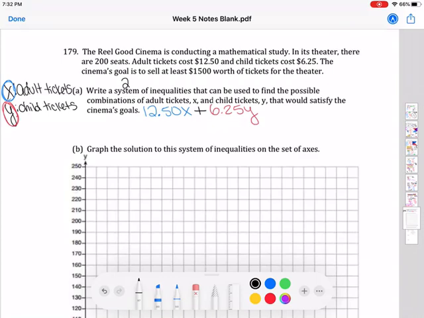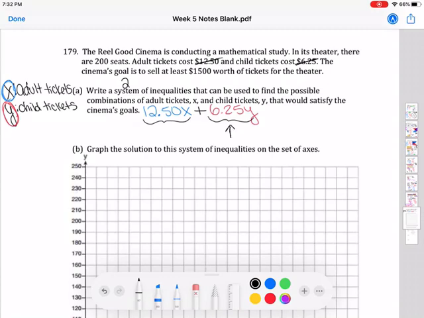Okay, so far in the word problem, let's just kind of dig deeper into it. We've used that adult tickets are $12.50 and that children's tickets were $6.25. Now, when we do this math right here, we already talked about it, but let's talk about it again real quick. $12.50 times the amount of tickets you buy will tell you how much money was earned for adult tickets.